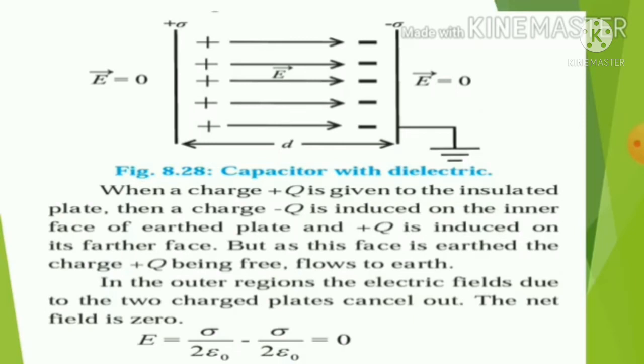Then the net electric field is 0, which is shown by the following equation: E equals sigma upon 2 epsilon 0 minus sigma upon 2 epsilon 0. These two terms cancel each other. Then we can write E equals 0.